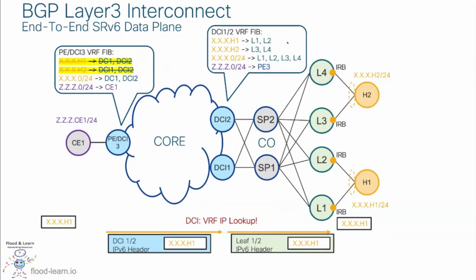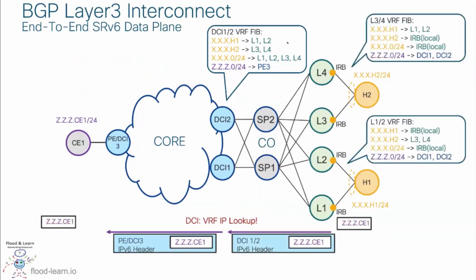On the DCI, again I'm sending the traffic to leaf 1 or leaf 2 because I'm doing the lookup for the destination address H1. And again, I'm encapsulating to SRv6. It means that I have just the IPv6 outer header.